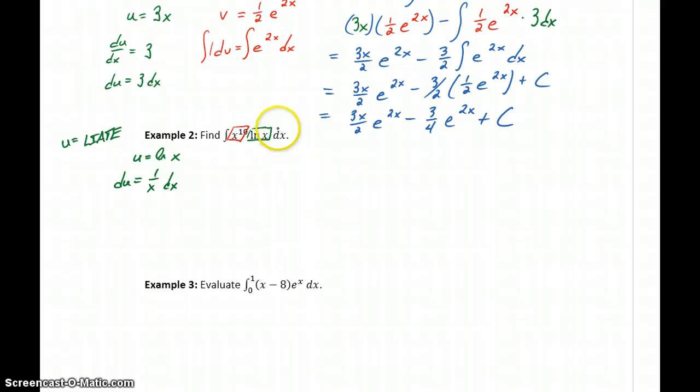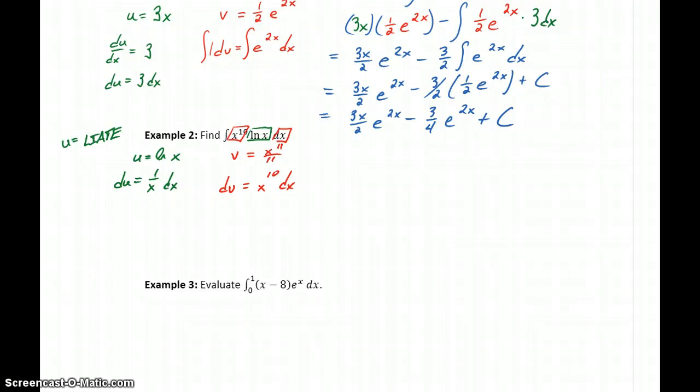Everything that's left becomes our expression for dv. So in this case, x to the 10th dx. Integrating both sides of that, we get v equals x to the 11th over 11.